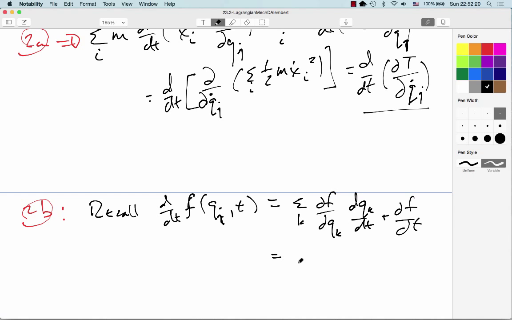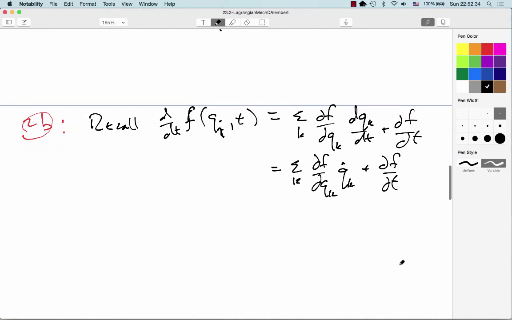And we can clean that up just a little bit, really just notationally. I can say that's sum over k partial f partial qk qk dot plus partial f partial t. Sorry, that's as good as we can do.